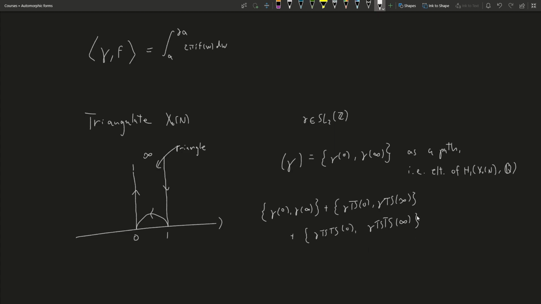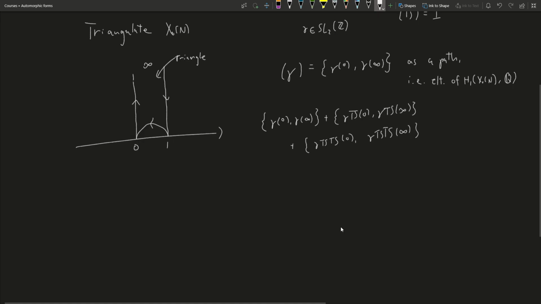And here I should say T is this translation matrix, and S is going to be this sort of flipping matrix. And there's this relation that TS cubed is the identity. So we have these relations.